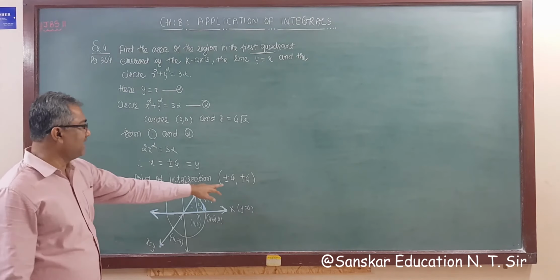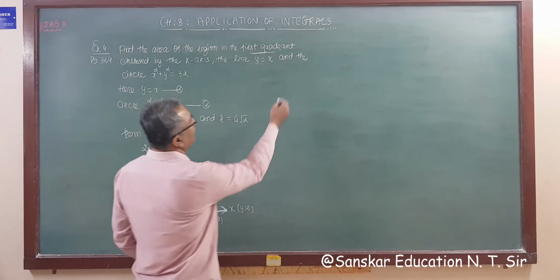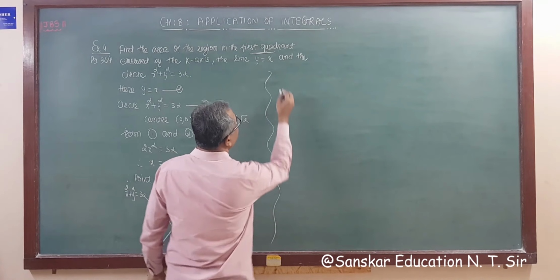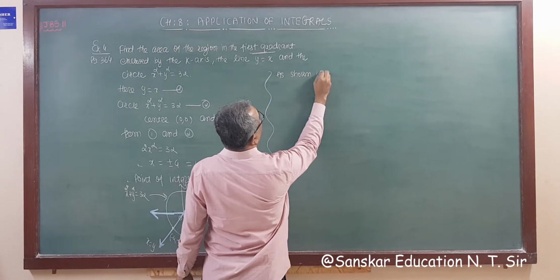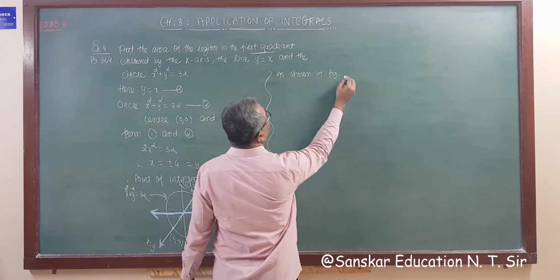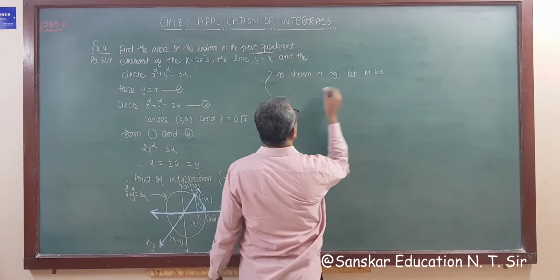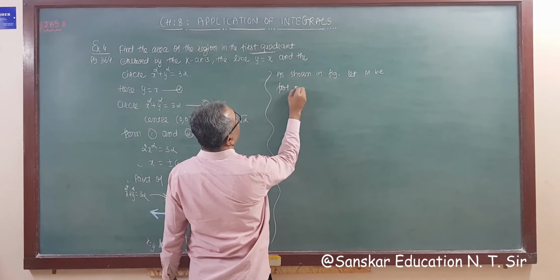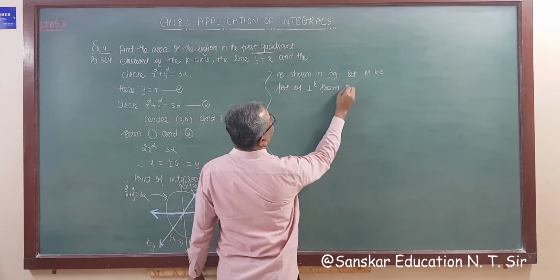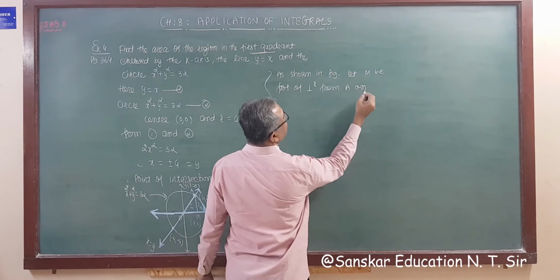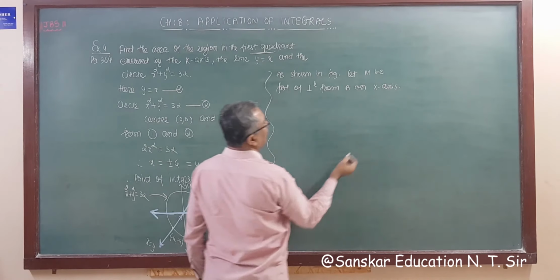Now these are the intersection points. So as shown in figure, right? So I'm writing as shown in figure. Let M be the foot of perpendicular from A on the x-axis, right?